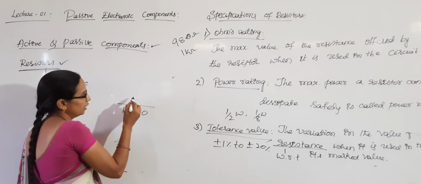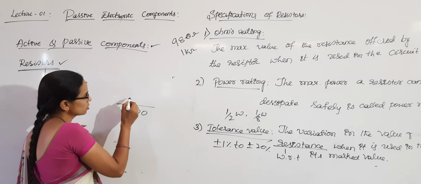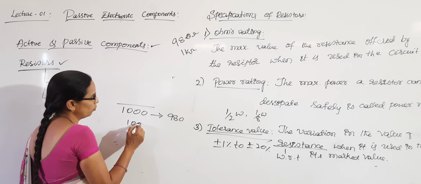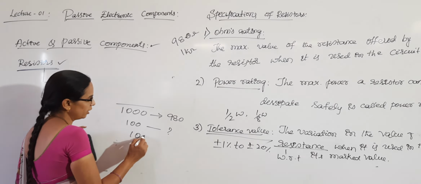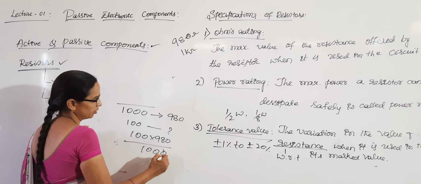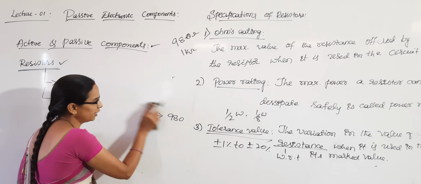For 1 kilo ohm it is 980 ohm it is possessing. For 100 ohm how much is it? 100 into 980 divided by 1000, right? You will do it: 98. So for 100 it is 98.